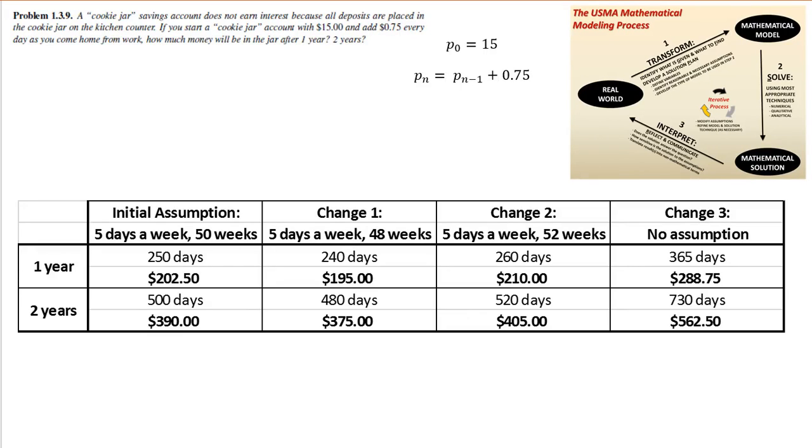I would say just by visual inspection of this table, it's obvious that they do. After 2 years, the possibilities for the value of the money in our cookie jar range from $375 to $562.50, which is 1.5 times as much.